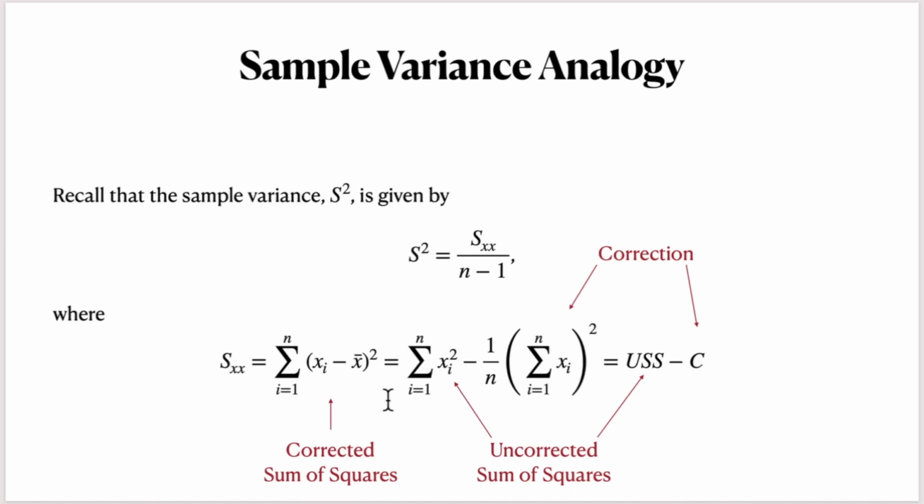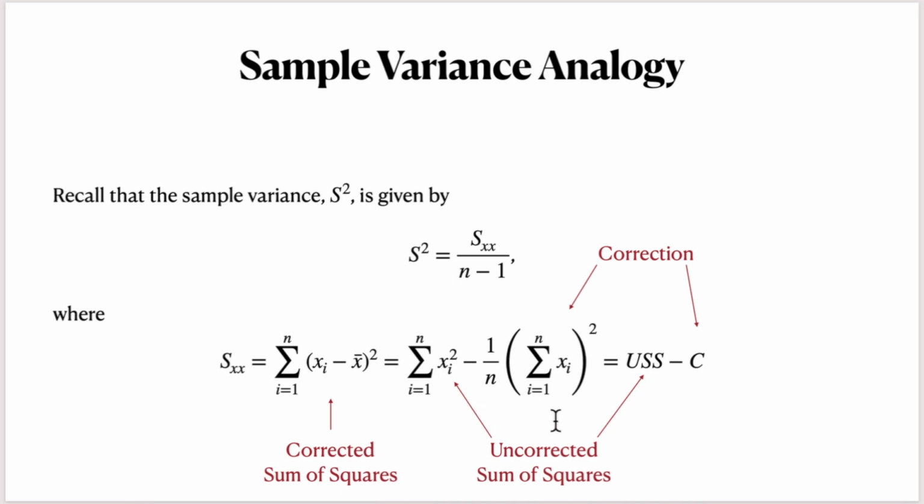Otherwise, all you have to do is add up the squared values of the x's, add up the x's and square that sum, and then from the sum of the squared values, you subtract 1 over n times the square of the sum. Okay, so in the context of that expression, the sum of the squared x values is called the uncorrected sum of squares, and it's uncorrected because, again, we've not subtracted off the mean first.